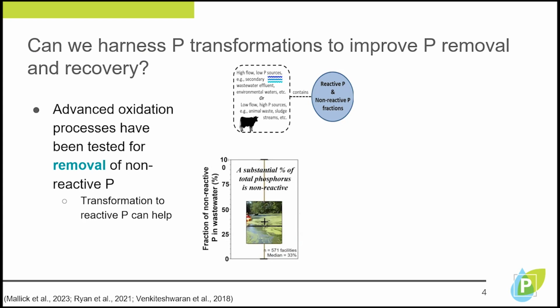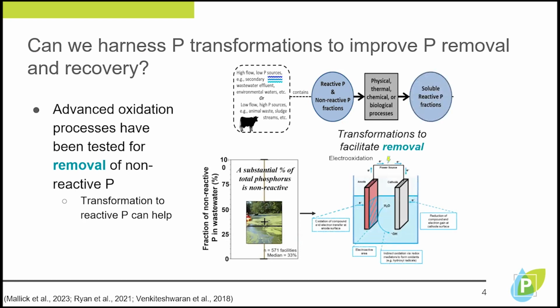That can work against really tough compounds like organophosphorus pesticides, for example. But our premise was, could we harness some of those processes to transform non-reactive phosphorus to reactive phosphorus that can then help us to remove and recover it? For example, using a process like electrooxidation can assist with an oxidative-based transformation of non-reactive phosphorus.